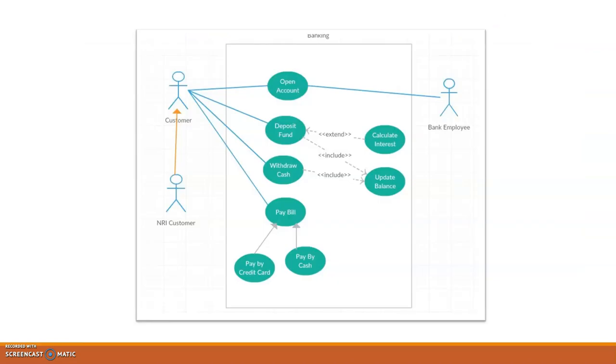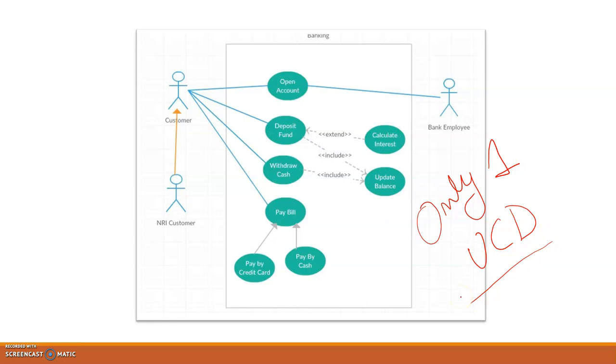Here you have your use case diagram. You can draw the use case diagram for your definition, but keep in mind only one use case diagram should be there, where you draw all the actors, all the use cases, and the boundary.